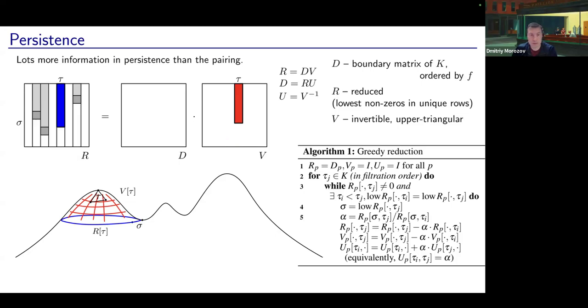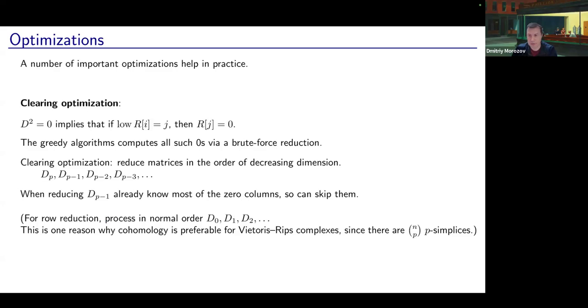Let's see. Okay, maybe one more comment that somebody alluded to. There are various optimizations that are useful. The fact that d squared equals 0 implies what we already mentioned: if the pivot in the column of i is in row j, then the column of j is going to be 0.